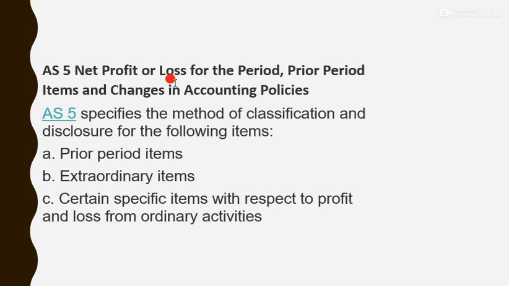In the net profit and loss account, we summarize and determine what is expense, what is income, what is revenue, what is cost. If it is income, we record it on the credit side. If it is expenses, we record it on the debit side.